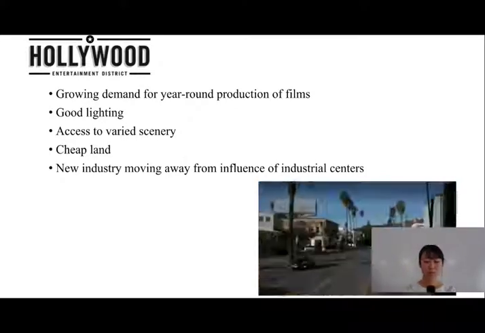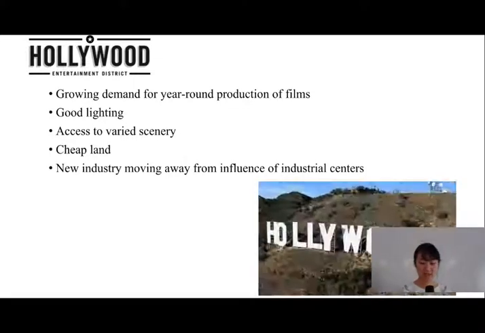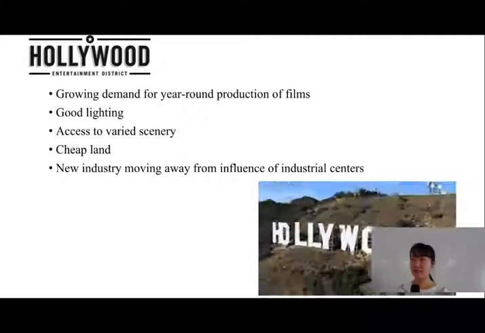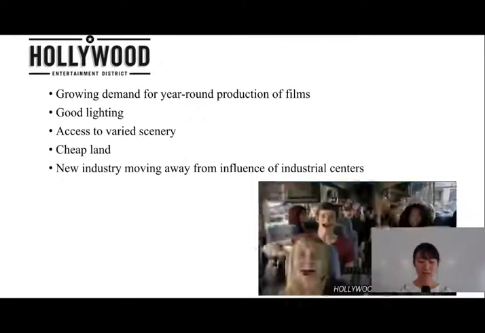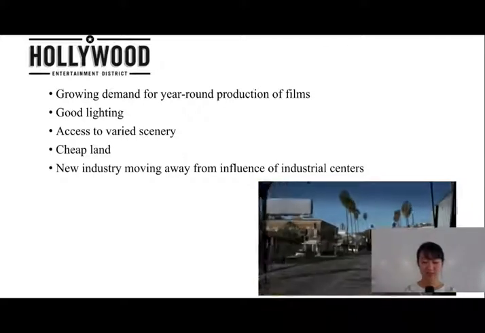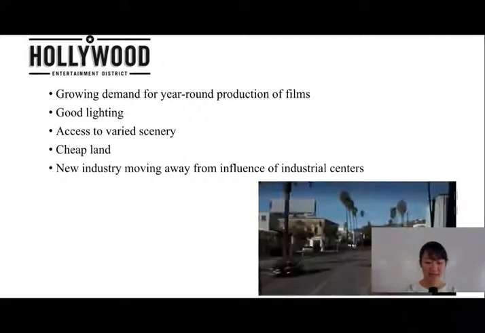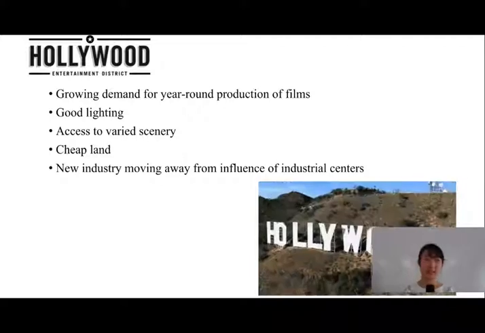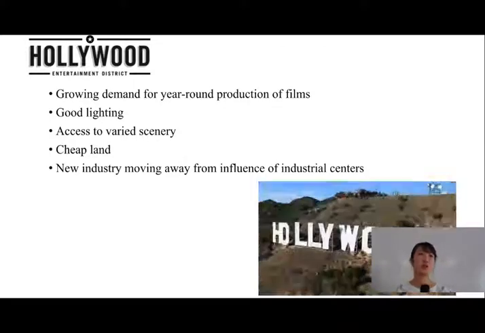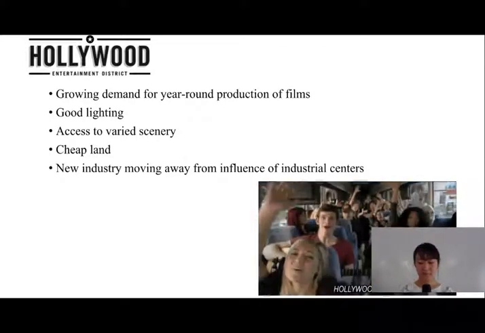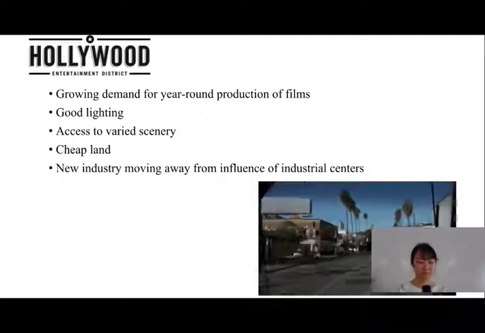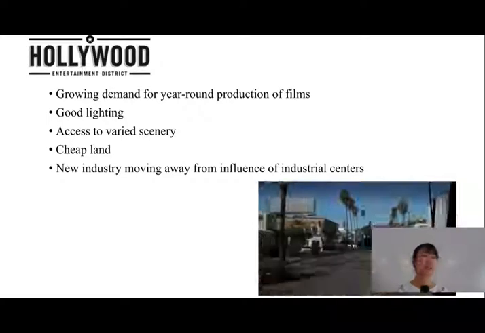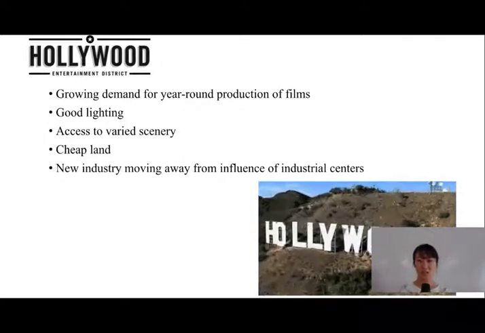Not only was the climate temperate and sunny year-round, but the land was plentiful and cheap, and the location allowed close access to various scenery: mountains, lake, deserts, coast, and forests. By 1915, more than 60% of American film production was centered in Hollywood.